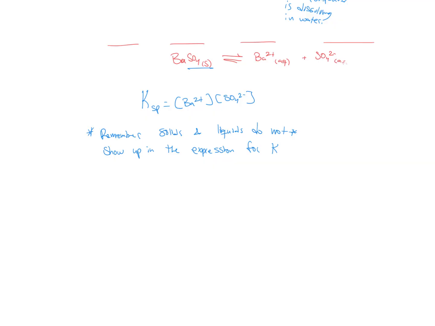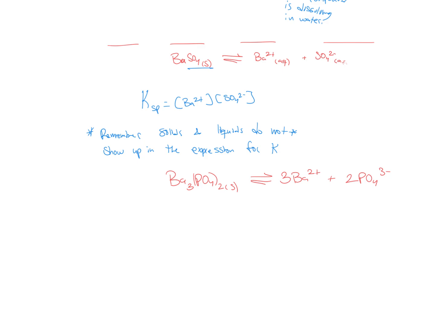Another example here is, let's say we now have barium phosphate, Ba3(PO4)2. This is a solid. You dissolve it, we end up getting 3 barium 2+ ions and 2 phosphate ions. All of this is balanced.